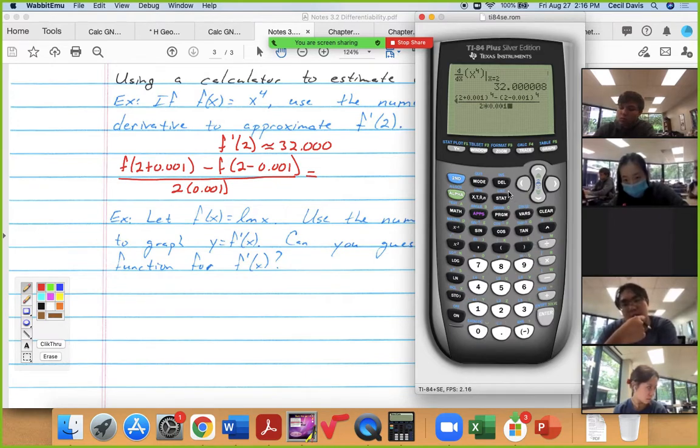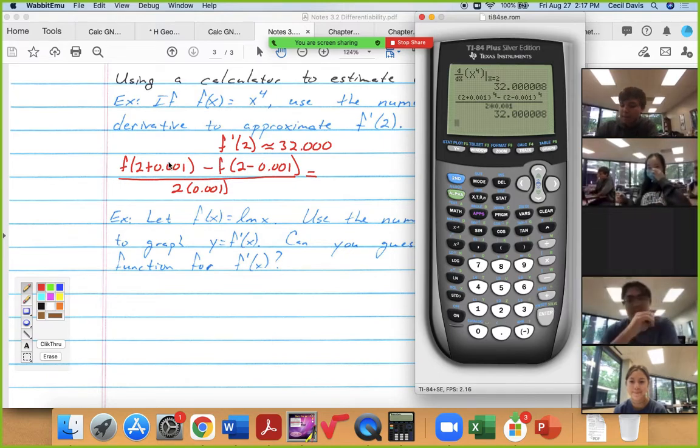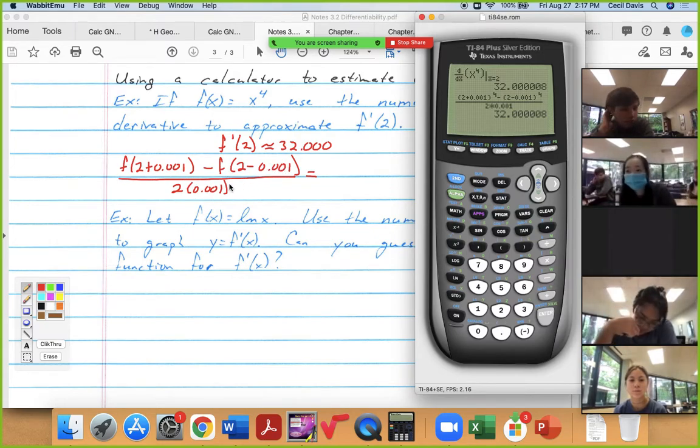I guess I don't need parentheses there. It's exactly the same number. This is actually what your calculator is doing in its little pea brain, going 1/1000th to one side, 1/1000th to the other side, and finding the slope.